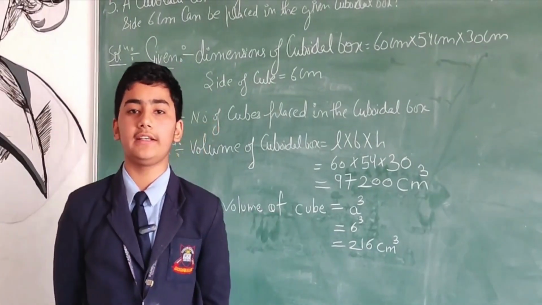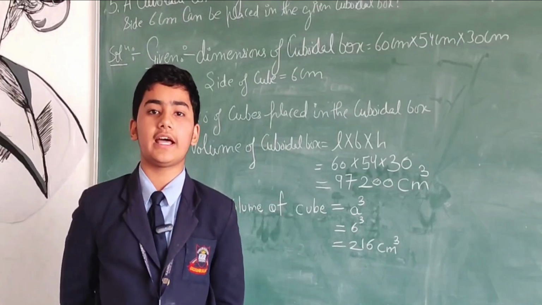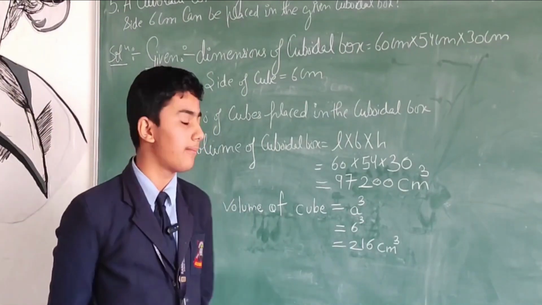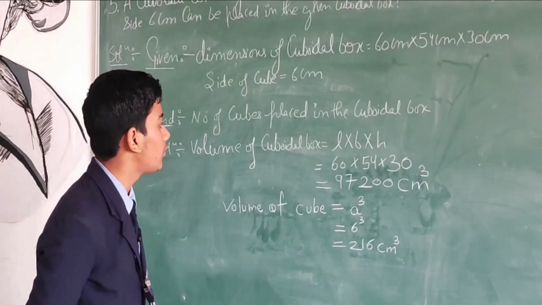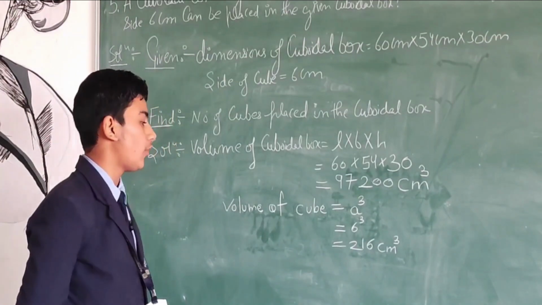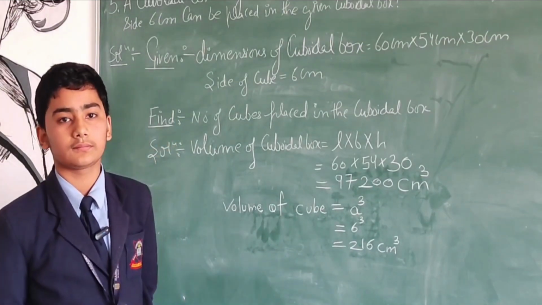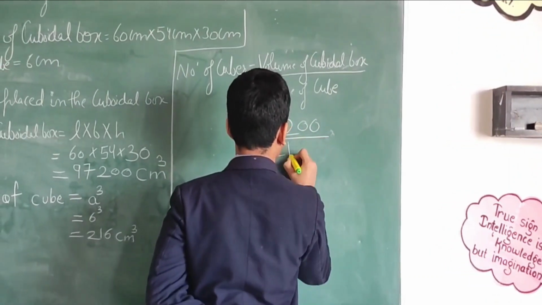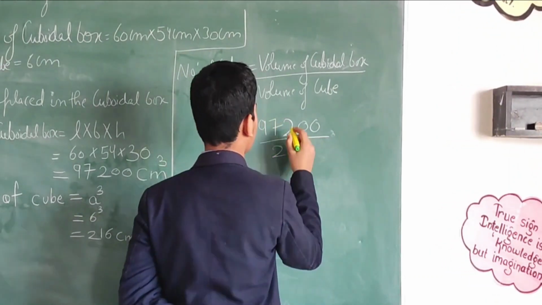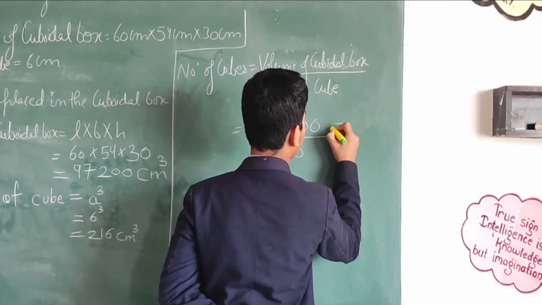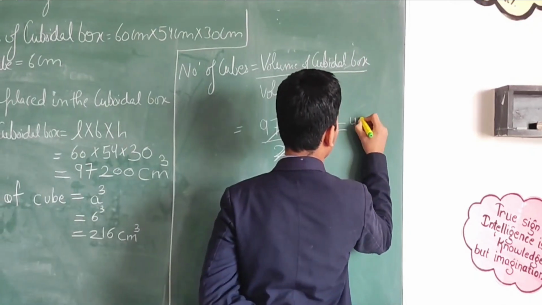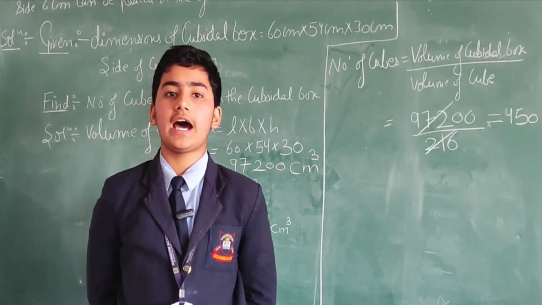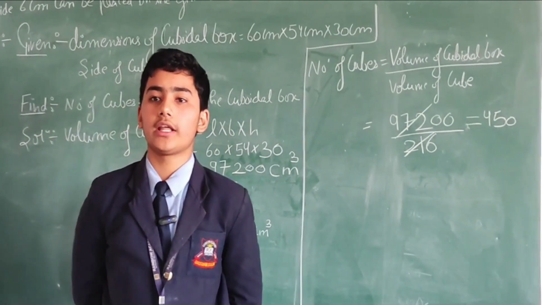Now to find the number of cubes that are placed inside the cuboidal box, we have to divide the volume of cuboidal box by the volume of cube. Fifty cubes are placed inside the cuboidal box.